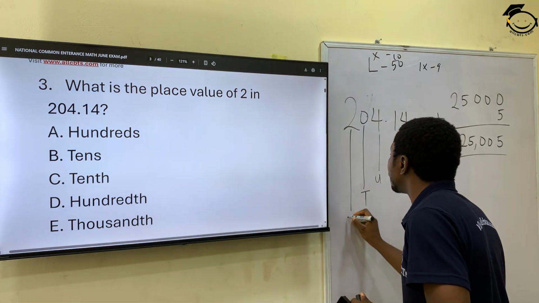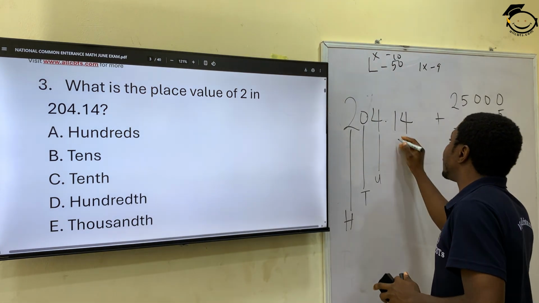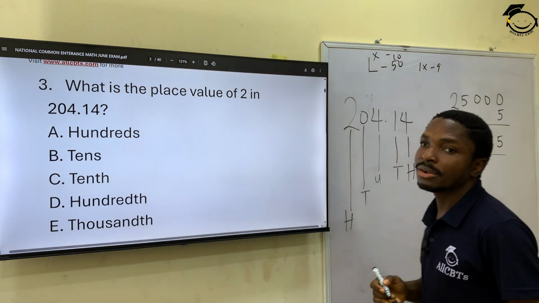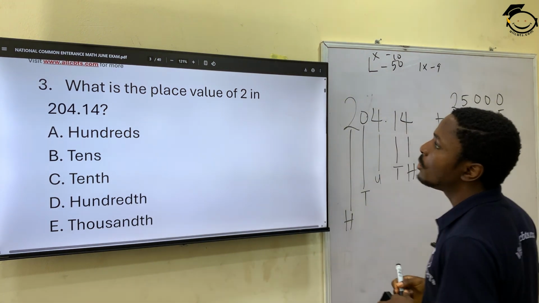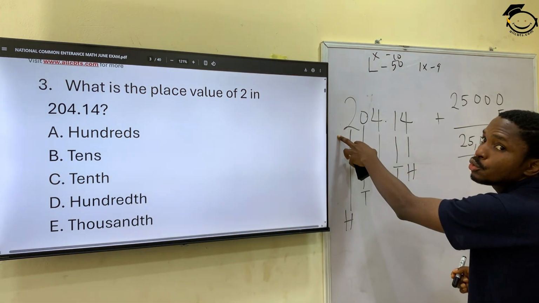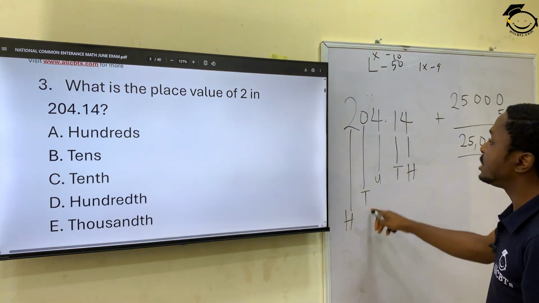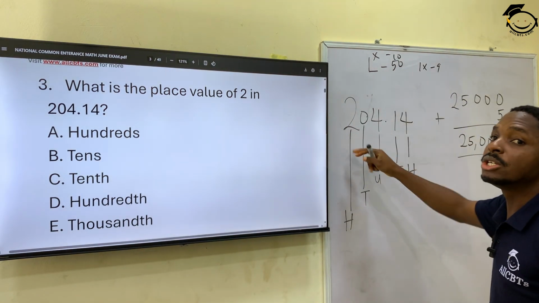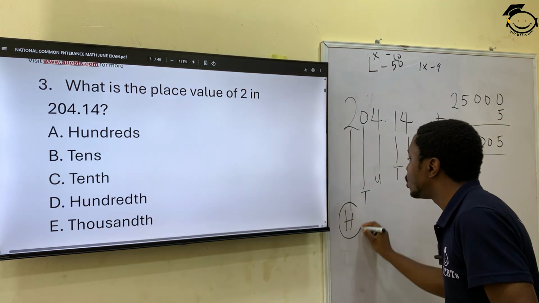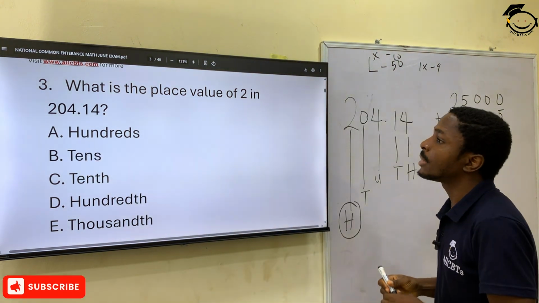The next after it is hundreds. On the other side, the one just after the point is tenths, and the one after it is hundredths. So, what's the place value of 2? If you have to call this, you will call it 200: 2 hundreds, 0 tens, 4 units. That's why you call it 204. So it has the place value of 100. So A is the correct answer.